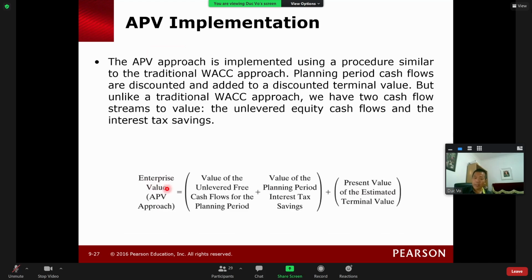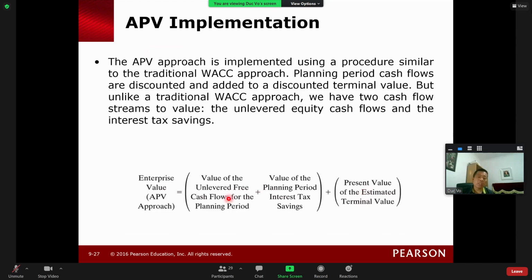Again, there will be two periods. The first one is the planning period, and the second one is the terminal value. It is understandable because it is very obvious: you cannot forecast everything indefinitely.